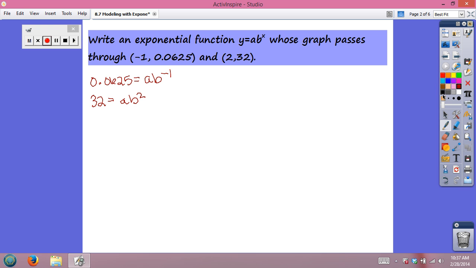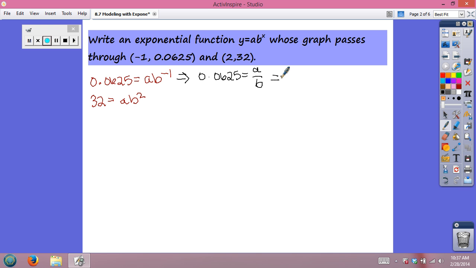Our next step is to solve one of our equations for a. It does not matter which one you choose. I'm going to pick the first one because I'm noticing that it's going to be rather easy. So we get 0.0625 is equal to a over b, because we know that if we have b to the negative 1 power, it's just going to bump down to the denominator.